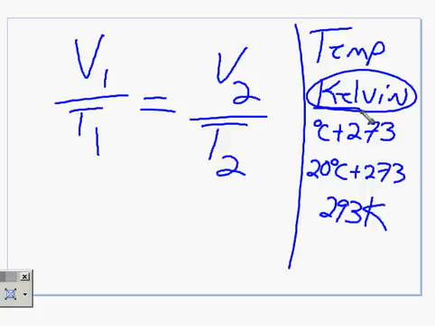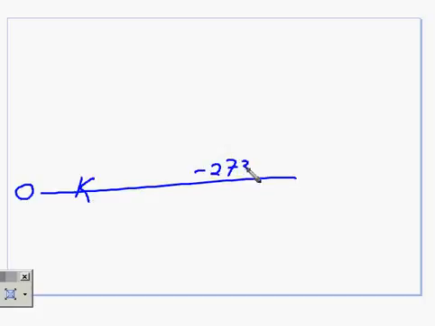And the real difference is, here's 0, okay? That would be 0 Kelvin, all right? That would be negative 273 degrees Celsius, okay?